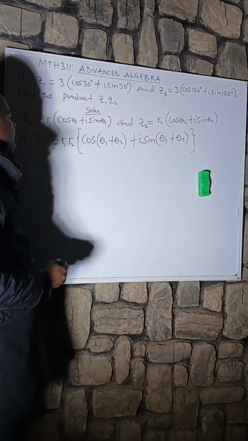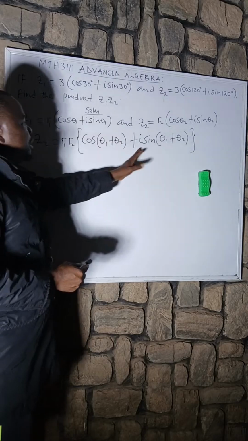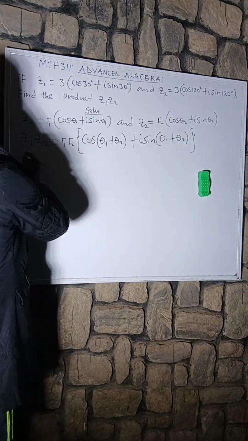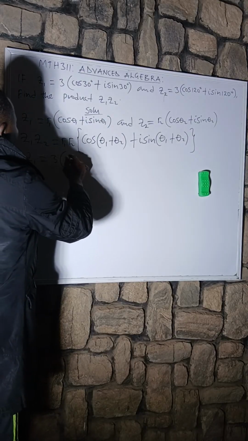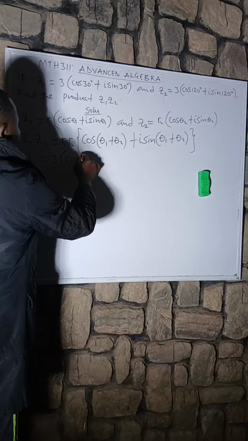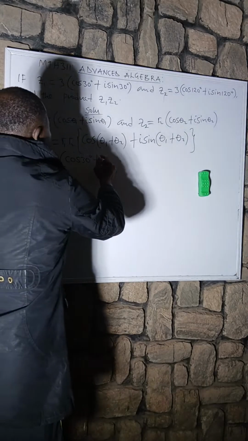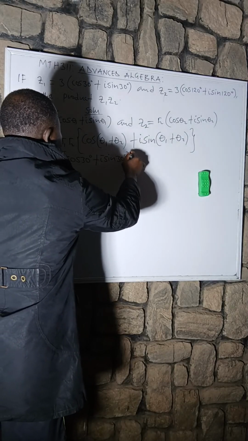So this is how you are going to transform this into this. Looking at this, we have been given Z1 equals 3, open brackets, cos 30 degrees plus i sin 30 degrees, right?